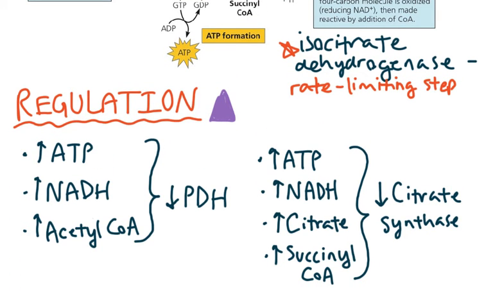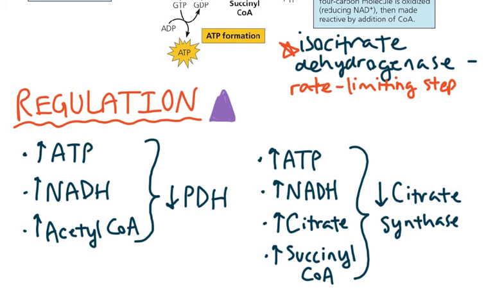A lot of the regulation in the citric acid cycle is really common sense. It's going to be feedback inhibition, negative feedback, or positive feedback the other way around. So either you're going to have products that are inhibiting the enzyme, or reactants that are stimulating the enzyme.